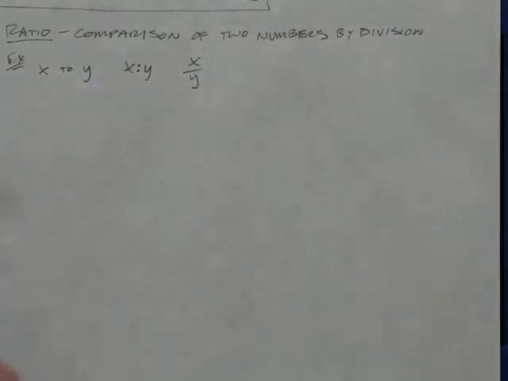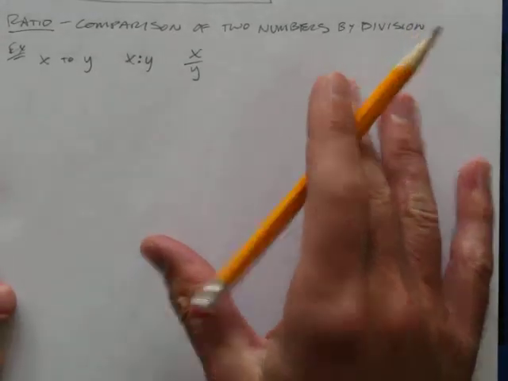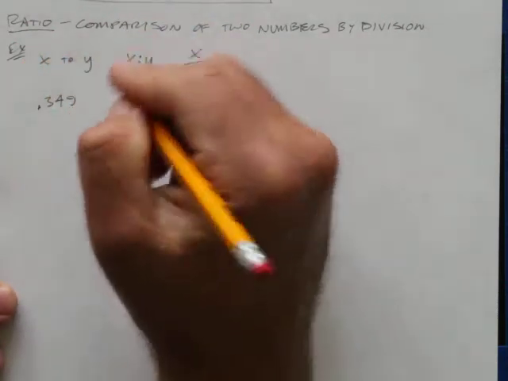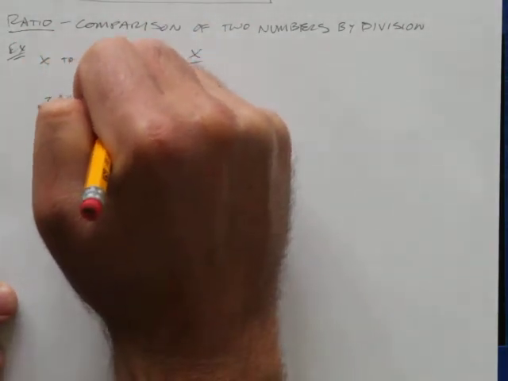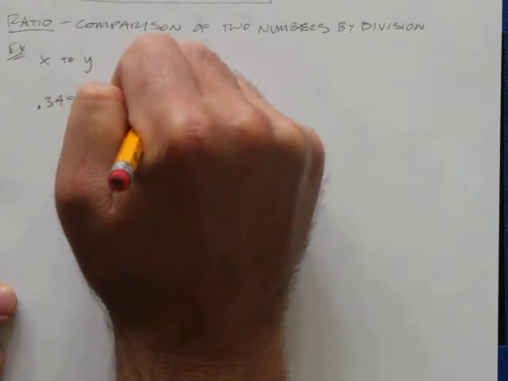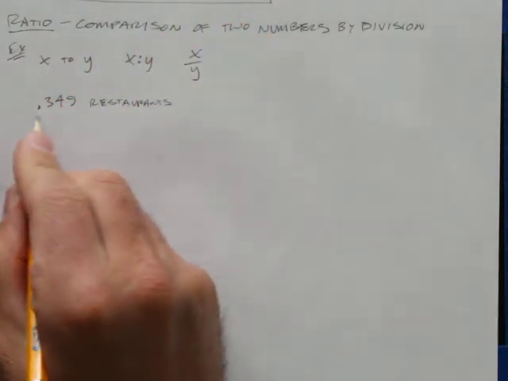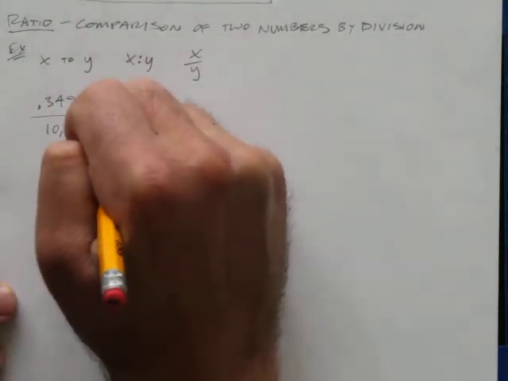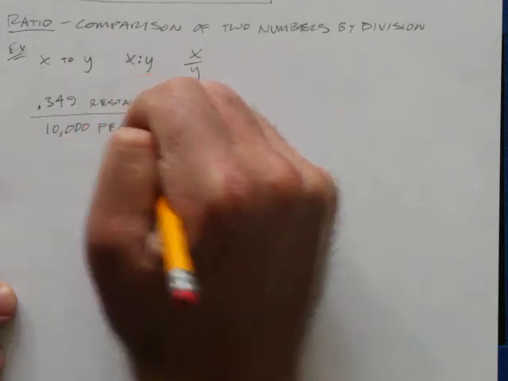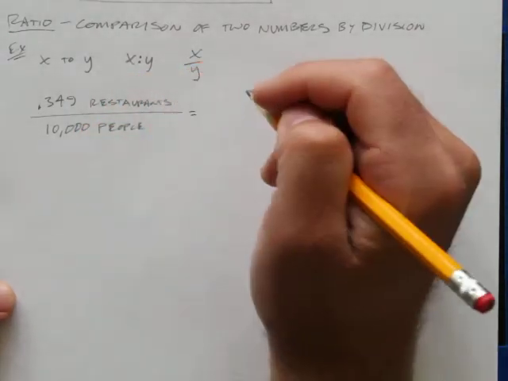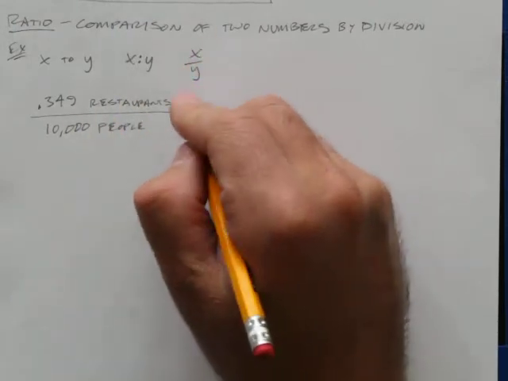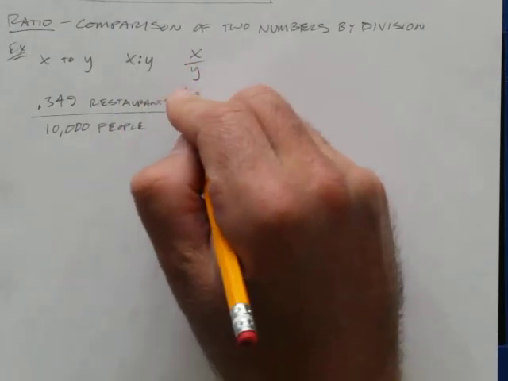So let's look at another little example here. If I have 0.349 restaurants in some area per 10,000 people, and I want to look at this ratio in a little bit different way, what I do to the bottom, I do to the top.